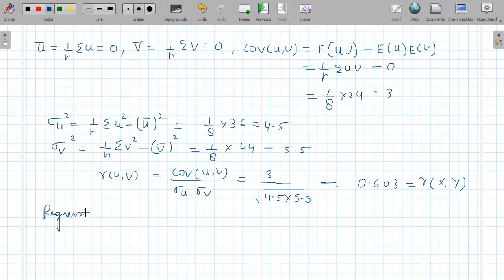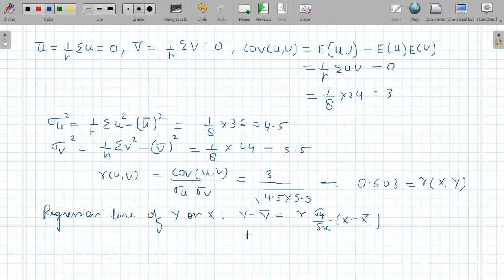Regression line of y on x: y minus y bar is equal to R sigma y over sigma x into x minus x bar.